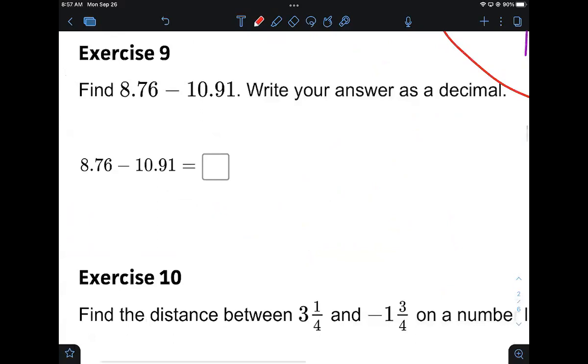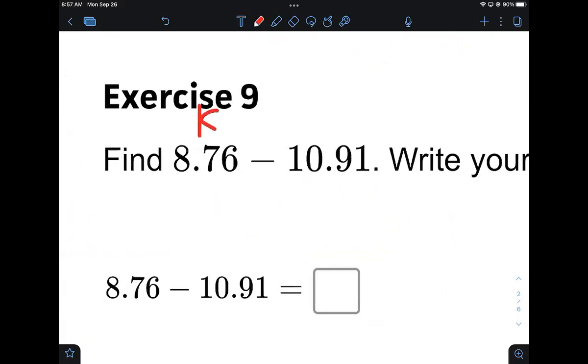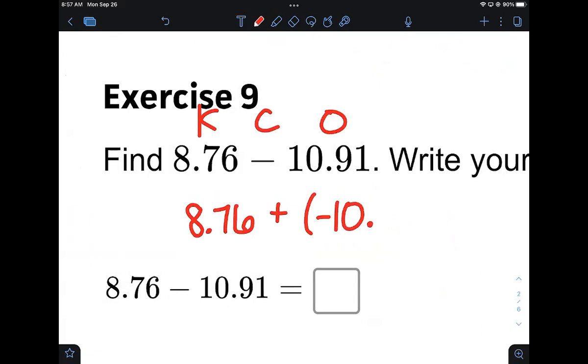Number 9, decimals. I'm good with decimals when it comes to adding and subtracting. This one says subtraction, but how can I change this into an addition problem? Keep change opposite. As long as you know what you mean, right? So 8.76 minus 10.91 is the same as 8.76 plus -10.91.